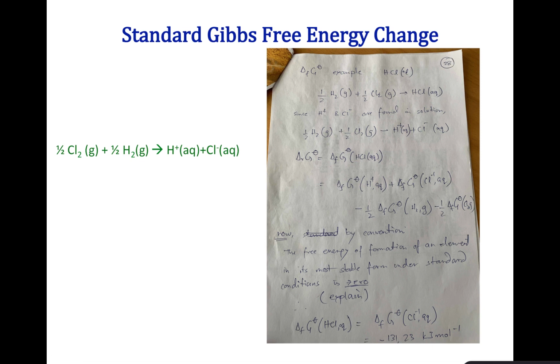So this is how you would calculate the standard free energy of formation of a compound, and from that you can calculate the standard Gibbs free energy of reactions, which you can then use to predict the spontaneity of a reaction under standard conditions.